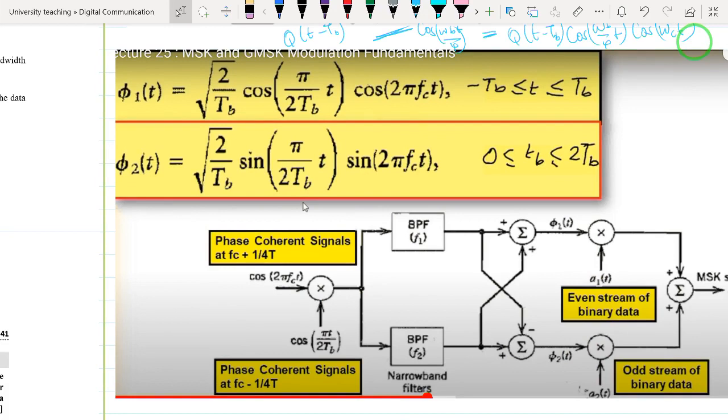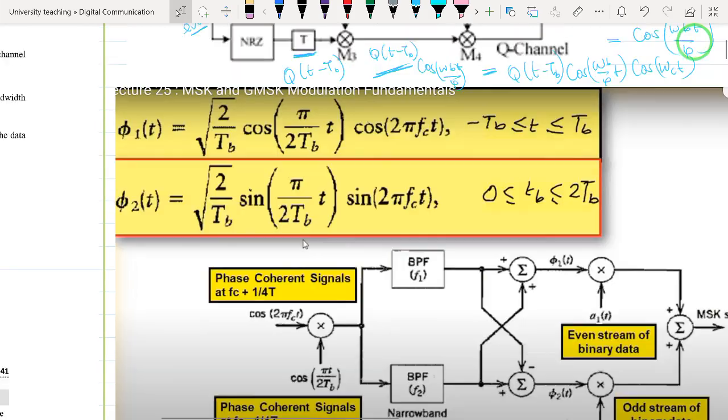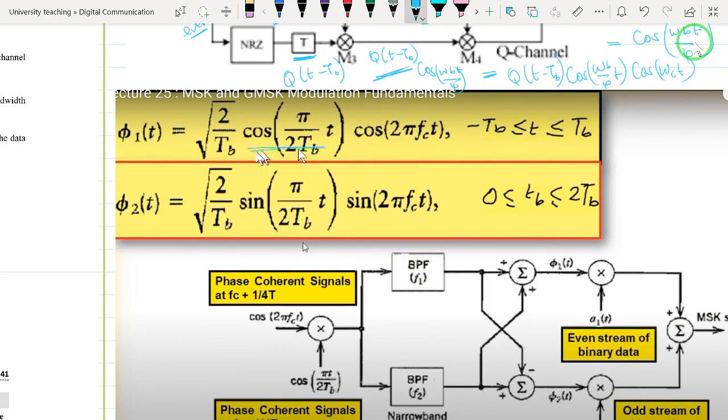There is another method in which we can generate our MSK signal. It is not very different from what we have just shown. The idea is that we are getting an MSK signal that is a product of two cosines. This is our omega_b t over 4, and this is our omega_c. Similarly with the other one, this is omega_b t over 4, this is omega_c.